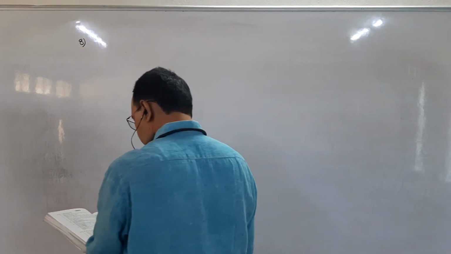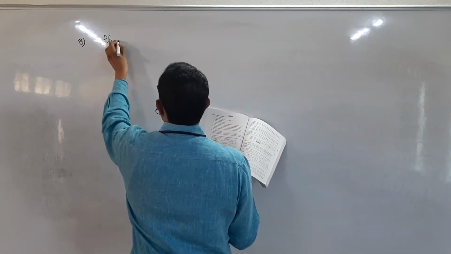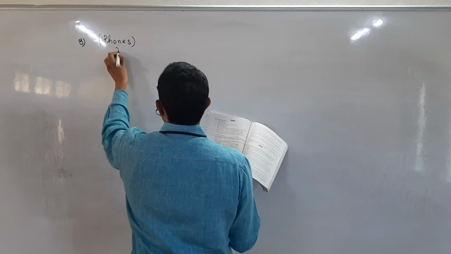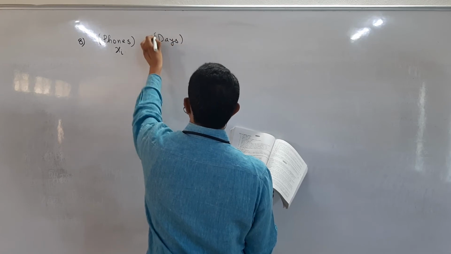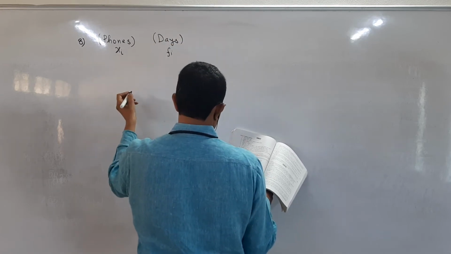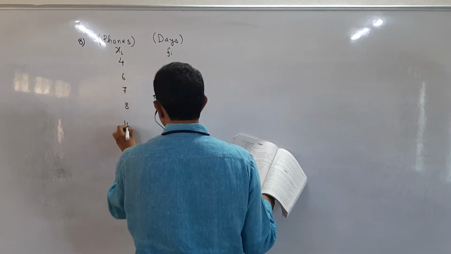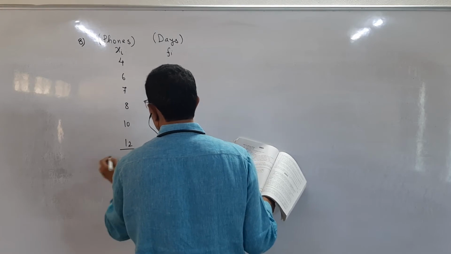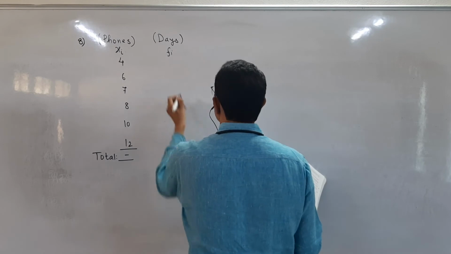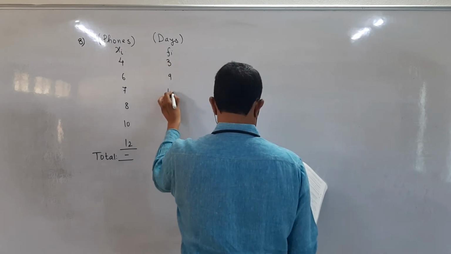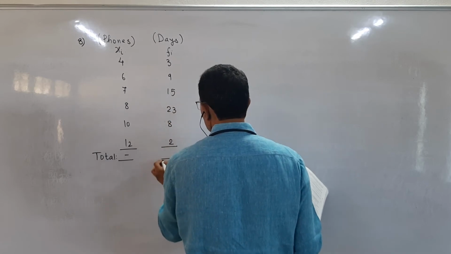Now, sum number 8 of section B. There is a discrete frequency distribution of number of phones, which is xi, and number of days is fi. The xi values are 4, 6, 7, 8, 10, 12, and the fi values are 3, 9, 15, 23, 8 and 2.